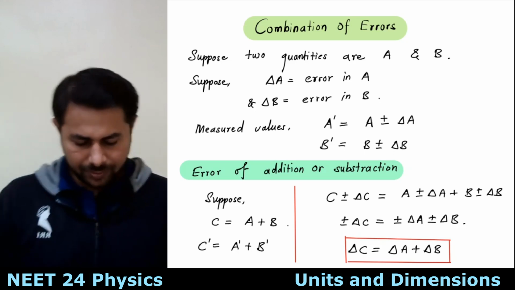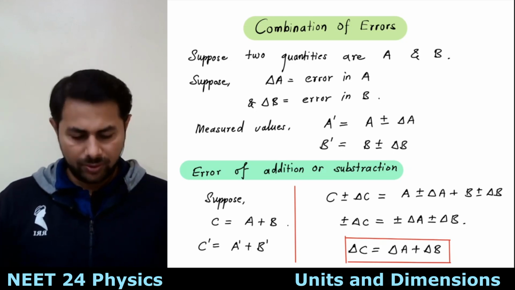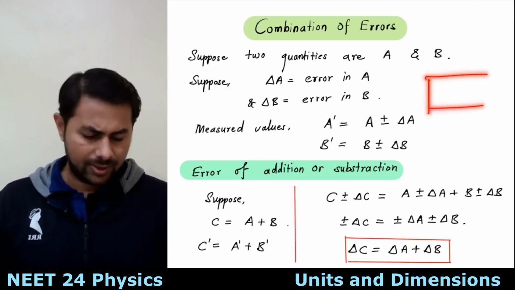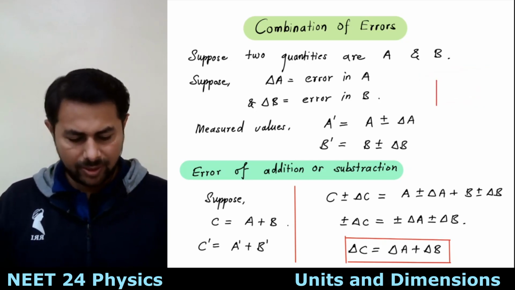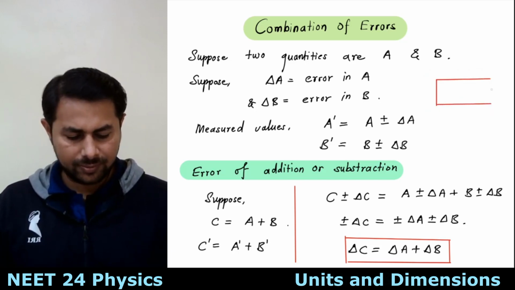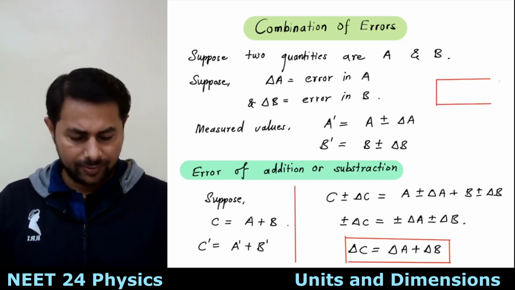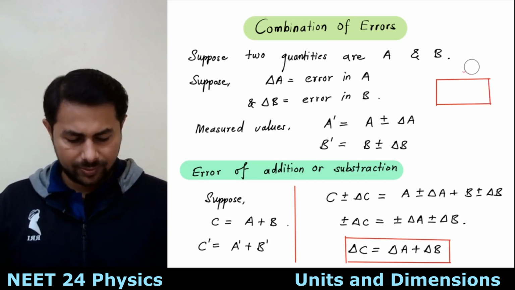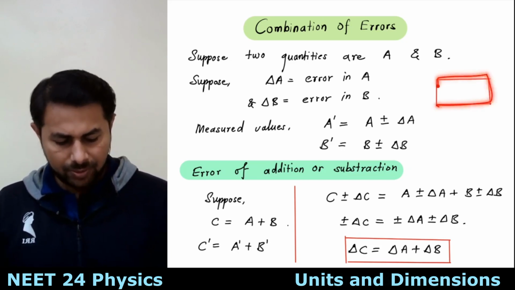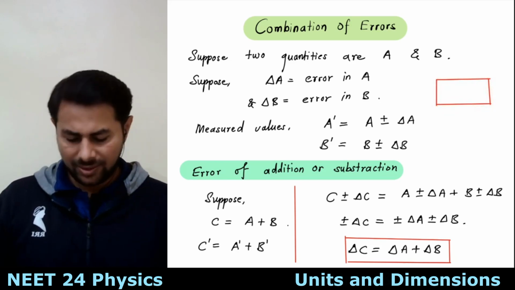For an example, you want to find out perimeter of a rectangle. So do you know what is the perimeter of a rectangle? Suppose this is a rectangle, you want to find out perimeter. So perimeter is total length of the boundary, right?